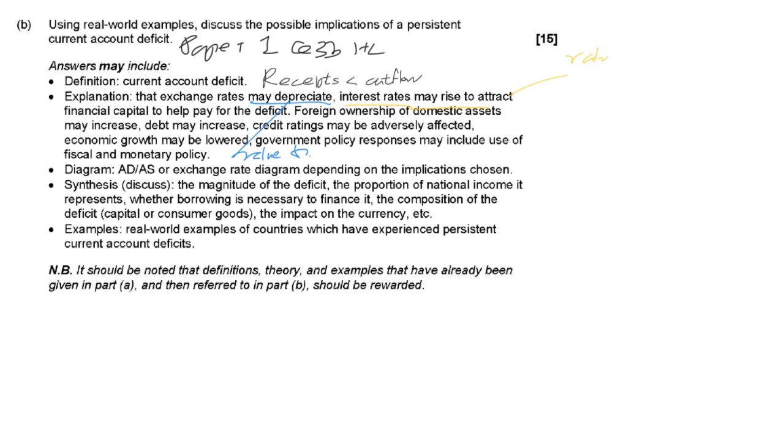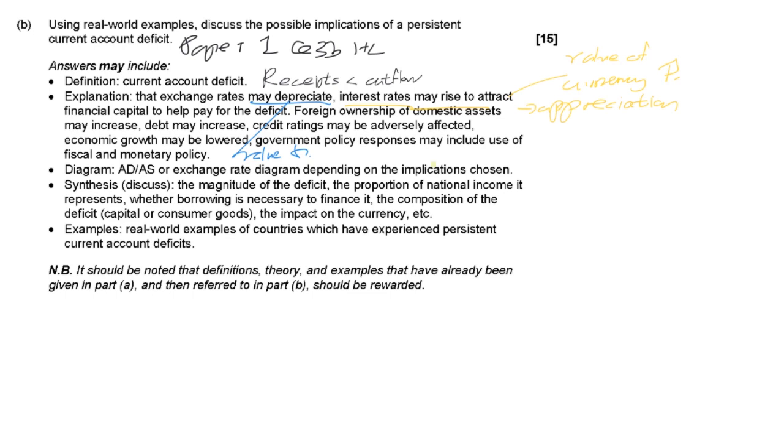That means the value of the currency rises, which is a kind of appreciation. So indeed, the possible implications would be depreciation or appreciation. Can you see that? So there are two kinds of possible implications that candidates may offer in their answer.